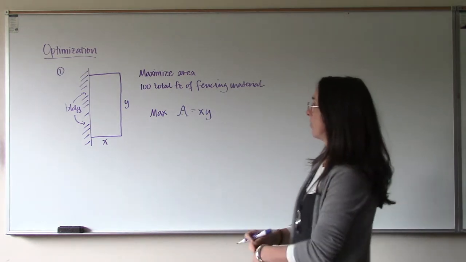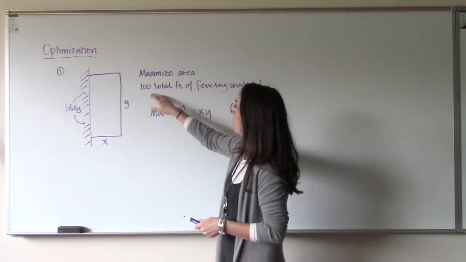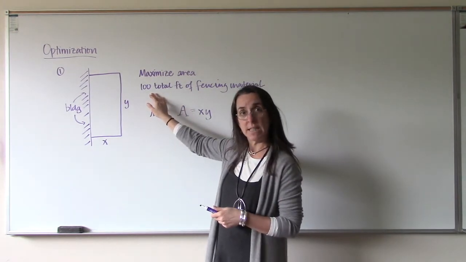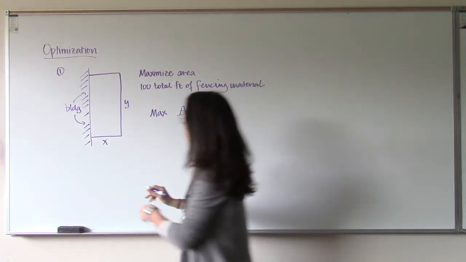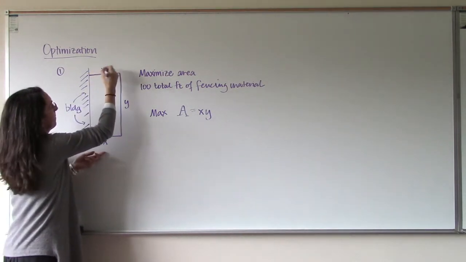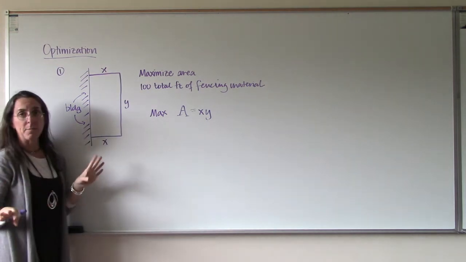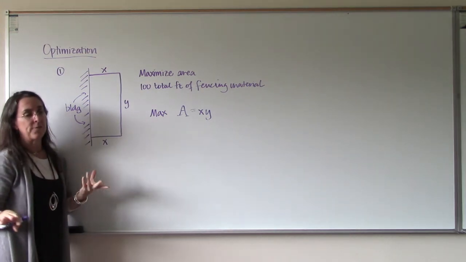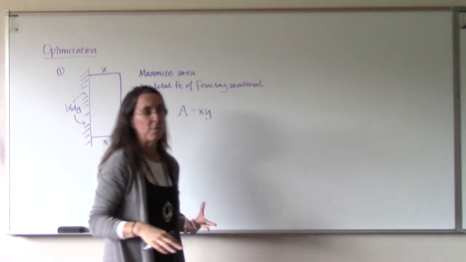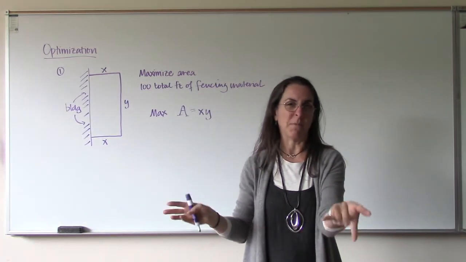And then in terms of x and y, how do we write down that we only have 100 feet of fencing to work with? Well, if this is x, then this is x also, right? So this x and this y and this x can't be any more than 100, and I'm going to assume that I'm going to use all 100 feet up, okay?